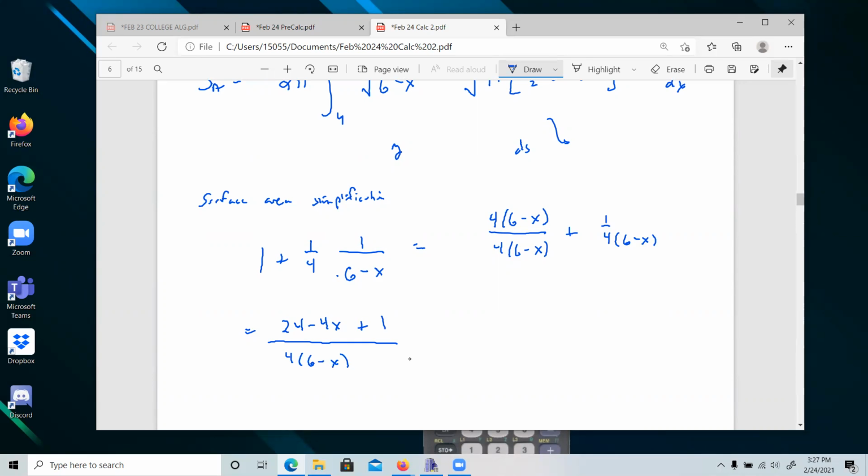Okay, all I did was combine common denominators here. So 24 plus 1 is 25 minus 4x all over the fourth root of 6 minus x. Okay, so that's inside of, or no, not root, just 6 minus x. Stop it with the roots.